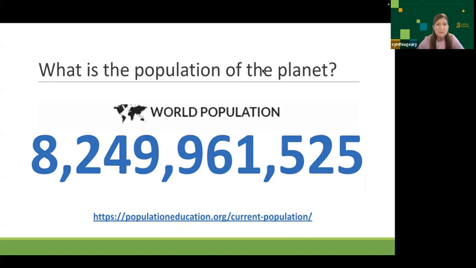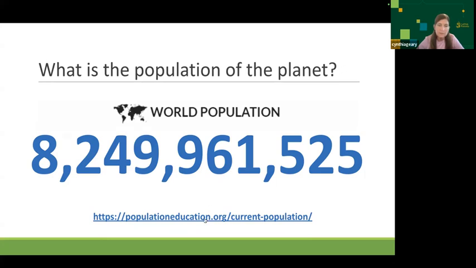As we start our activities, we set the foundation by looking at the population of our planet, because as our population grows, we want to make sure that we are using our resources and making choices that are sustainable to ourselves and future generations.